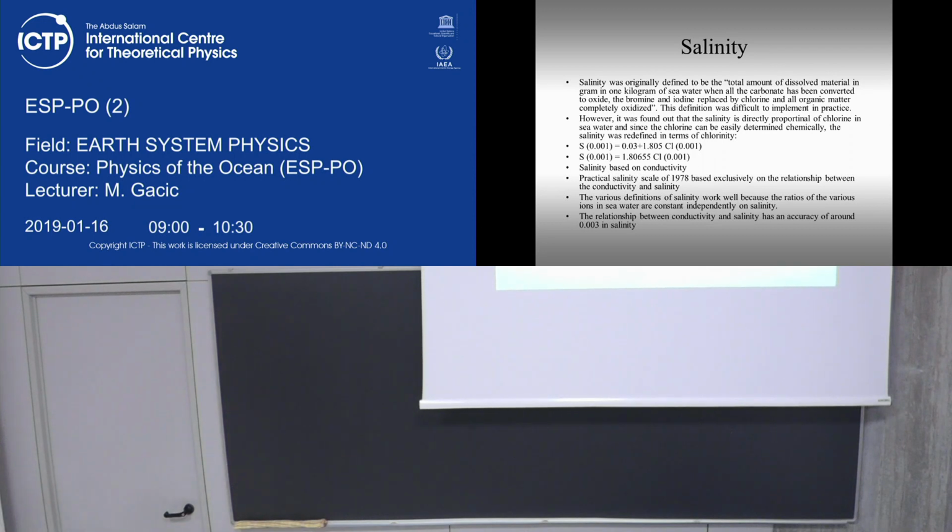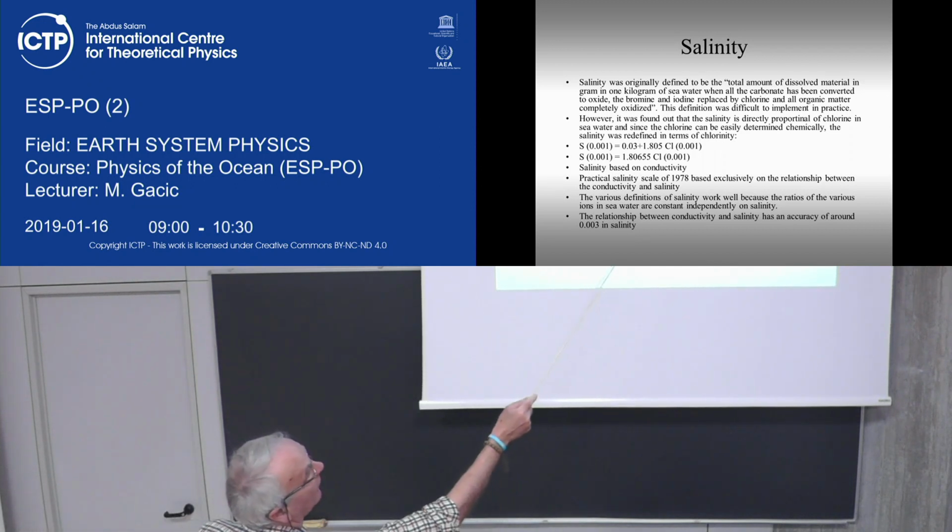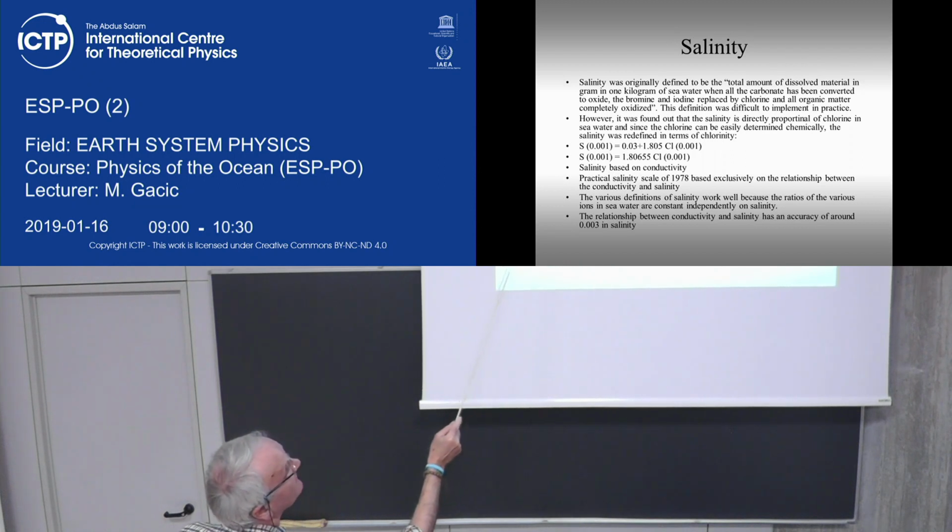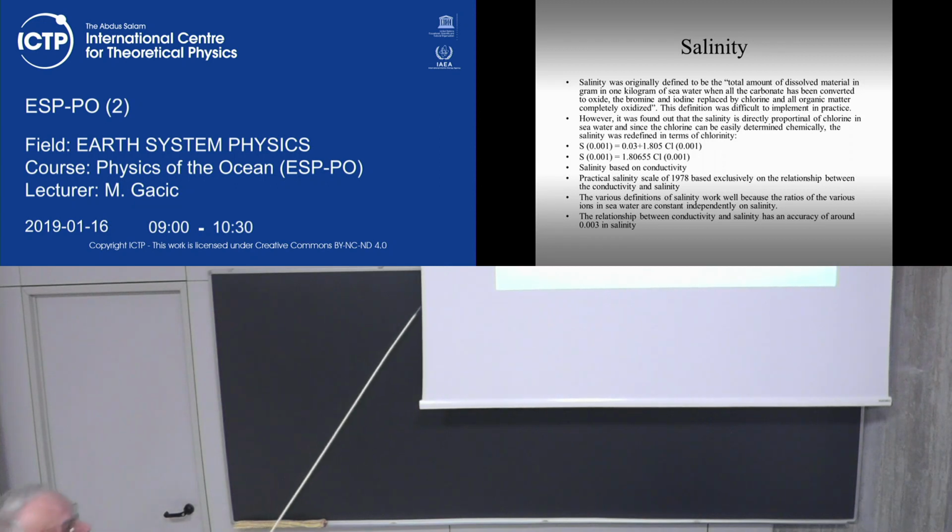Organic matter does not enter the salinity of seawater. You cannot put the fishes or plankton in salinity. Salinity is only the inorganic part. So this is the exact definition of salinity.